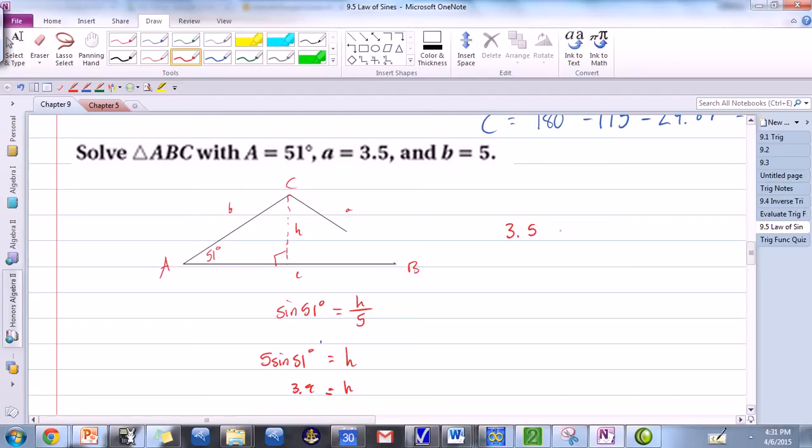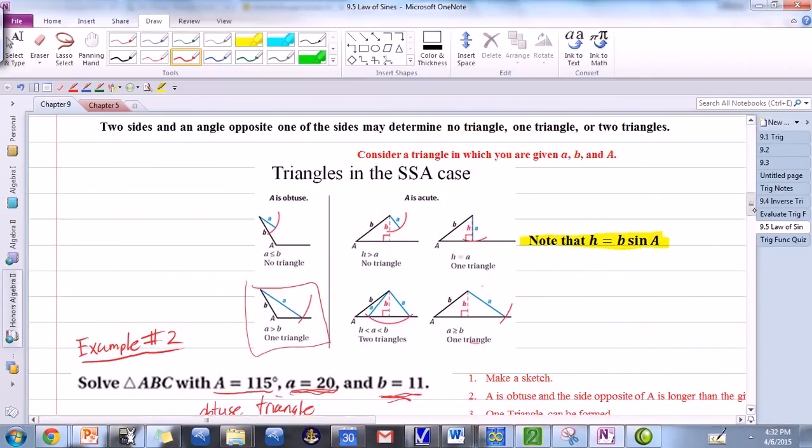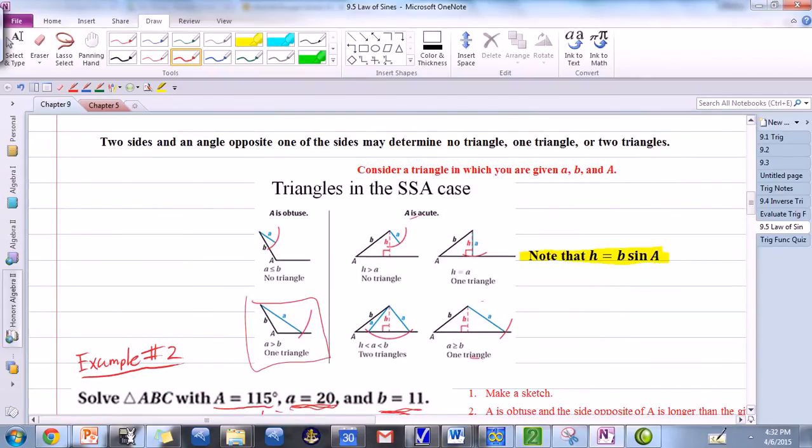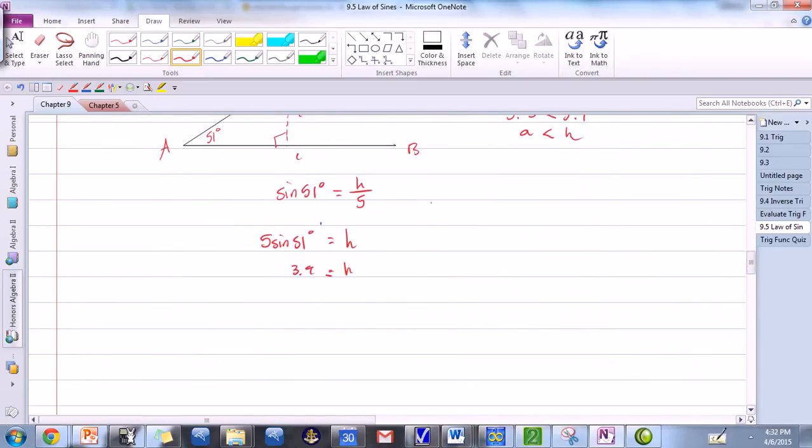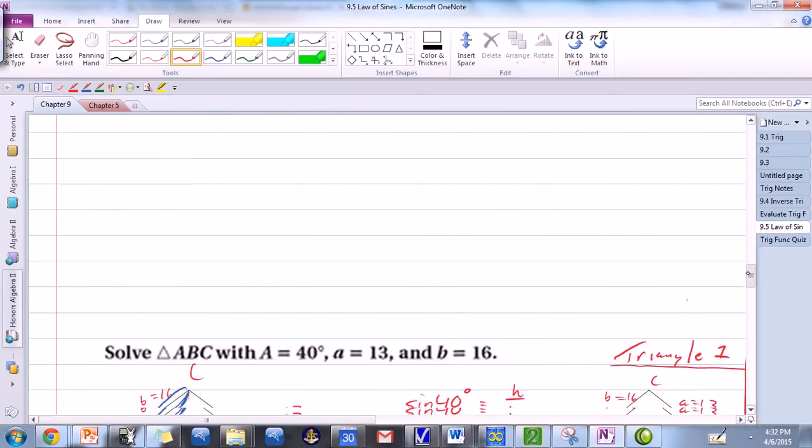That is less than 3.9, so you understand that A is less than H. And if you go back up to the chart, in an acute case, if A is less than H, we have no triangle. And we are still able to find that from this part right here. So we'll call that no triangle. But we had to check to make sure because we weren't sure.